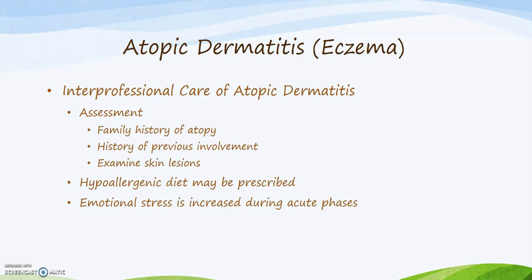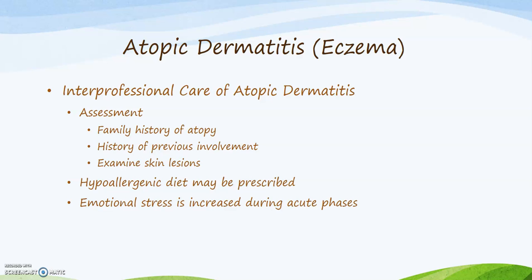Additionally, emotional stress is increased during the acute phases when the child is having extra exacerbation of the eczema. It's usually associated with emotional stress that may be occurring not only for the child but within the entire family.